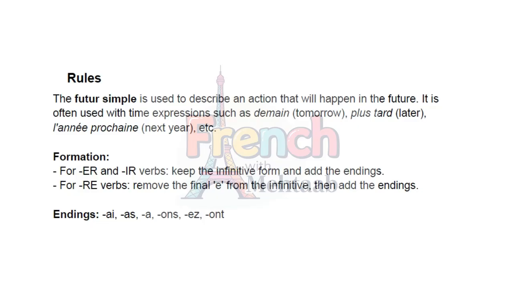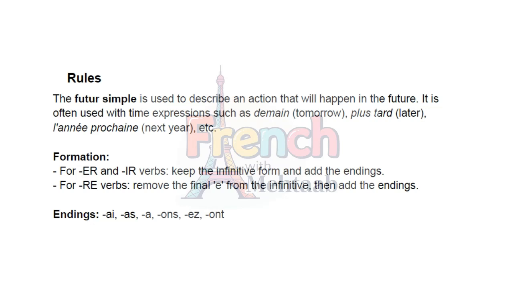Plus tard means later, something which we are going to do later. L'année prochaine means next year, something which will happen next year. These kinds of actions which will happen in the future are described with le futur simple.